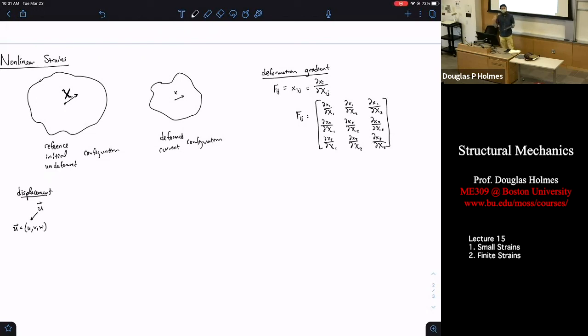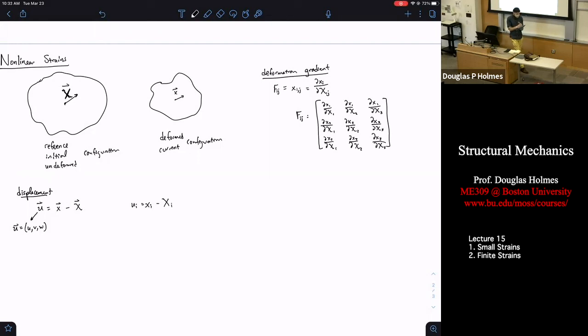So this is my displacement vector, which has got 3 components in all the directions. And it's just going to be the difference between my deformed configuration, little x, which is a vector, and my initial configuration, big X. If you want to write this in index notation, you would write Ui is equal to xi minus big Xi.